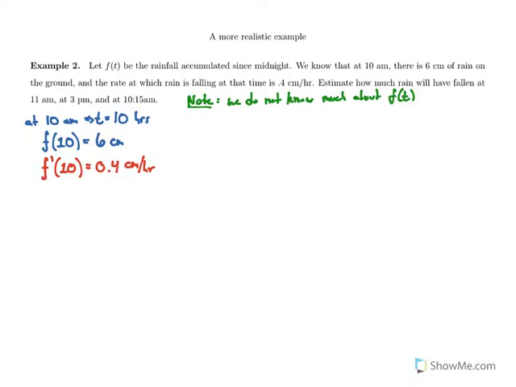And that's really all the information that we have about the function f of t. So how can I approximate f of 11, the amount of rain that has fallen at 11 a.m.? That is f of 11. Well, we could say that it's going to be whatever the value was at f of 10 plus how much it's changing per hour.